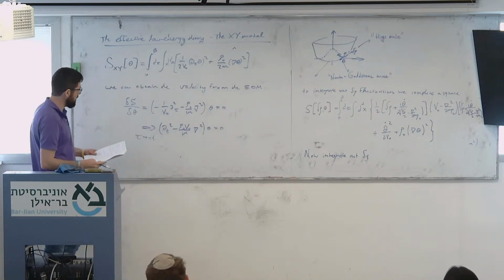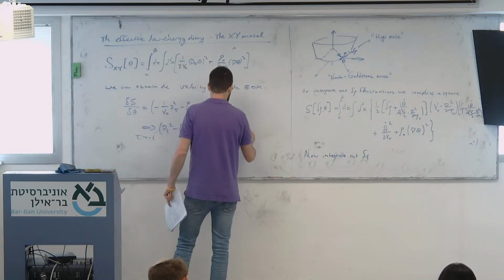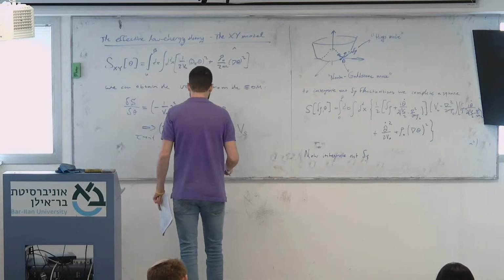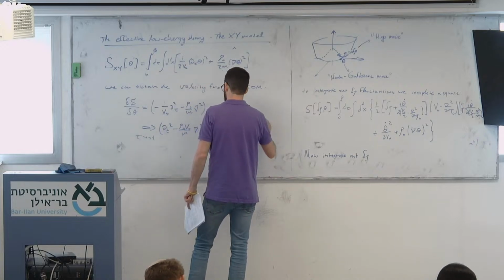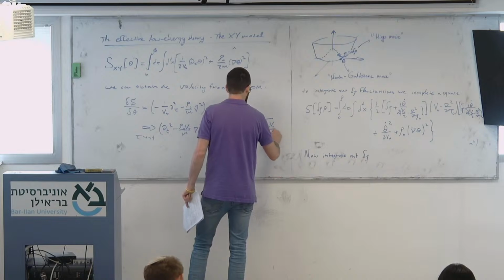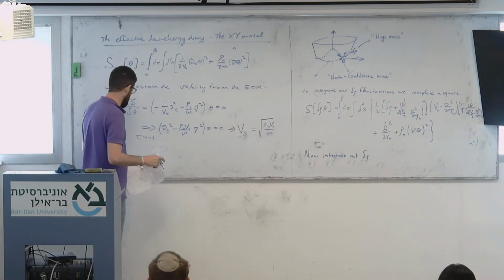Okay, now this implies that the velocity is the square root of rho naught V naught over M. Now I want to go back to our solution.